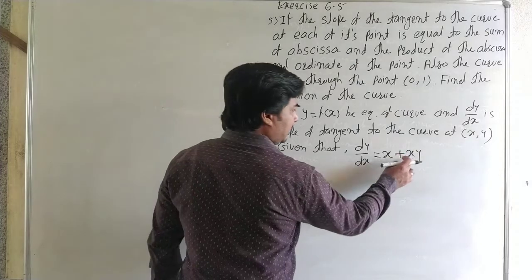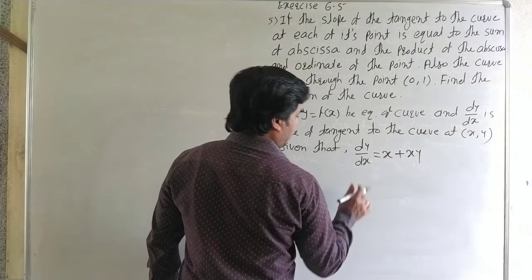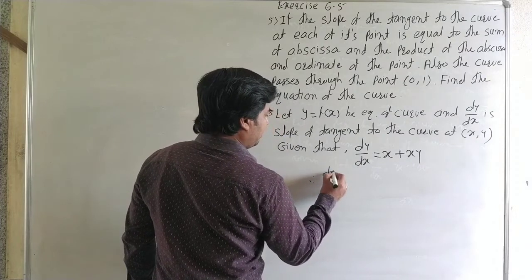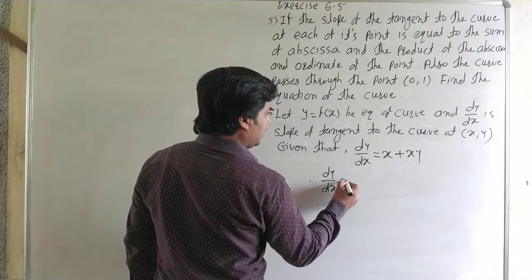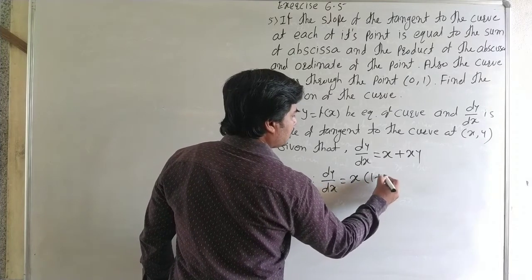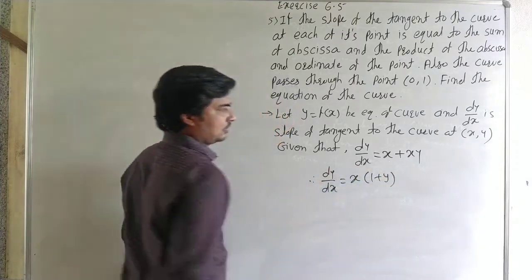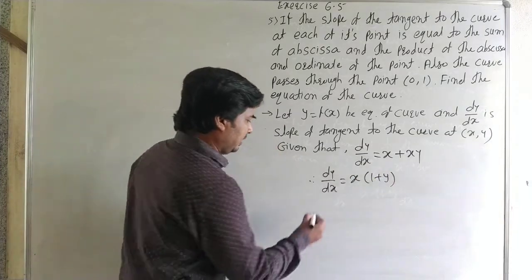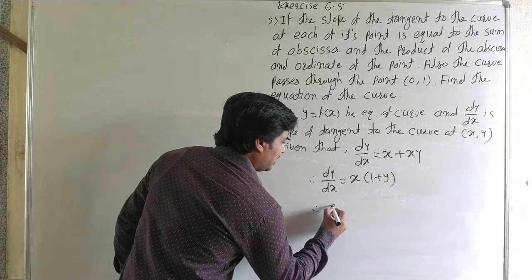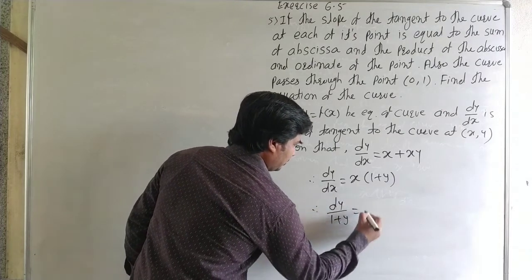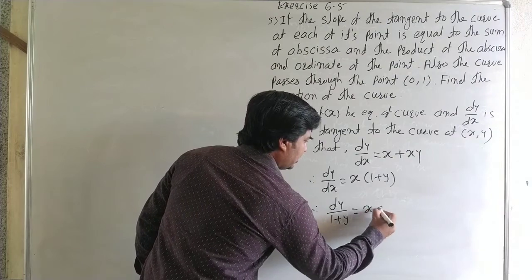When we take x common, dy by dx is equal to x into (1 plus y). Then dy by (1 plus y) is equal to x into dx.